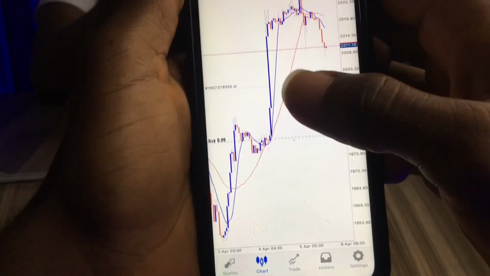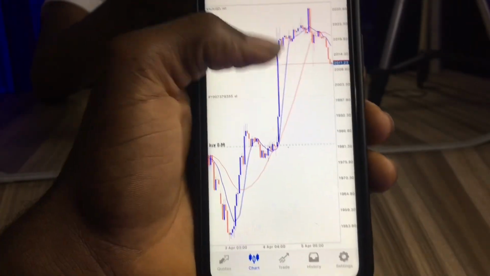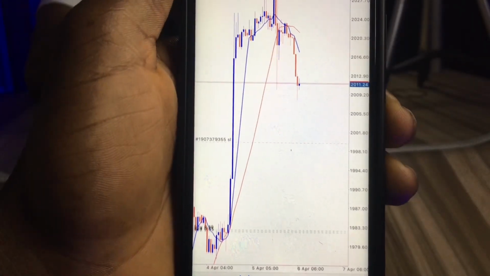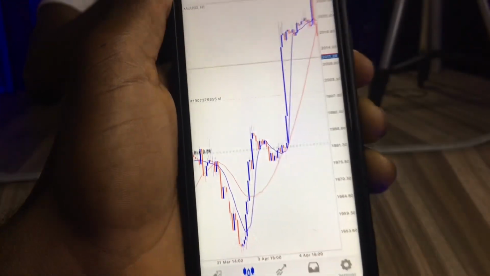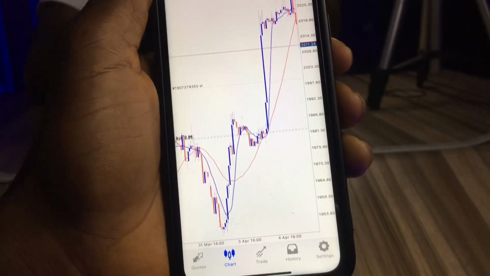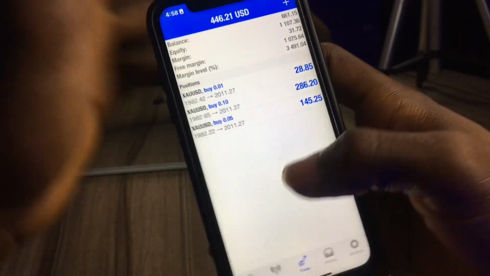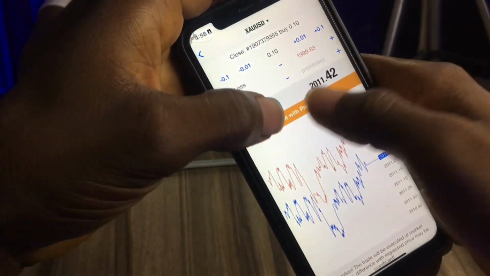Whenever I see price above the 25 moving average, it's trying to signify an uptrend, but now price is going below the moving averages, and this is trying to signify sells in the market. But anyway, if you guys want a very detailed video on that, you can go ahead and check the video before this one.